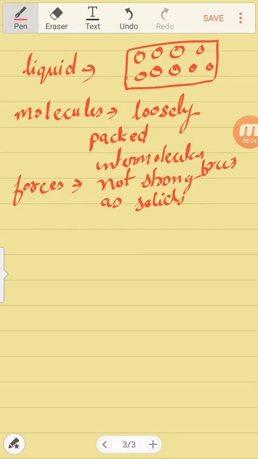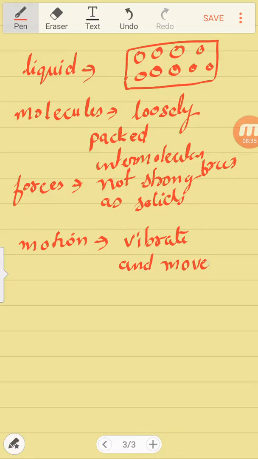Okay, now what about motion? It vibrates and moves.